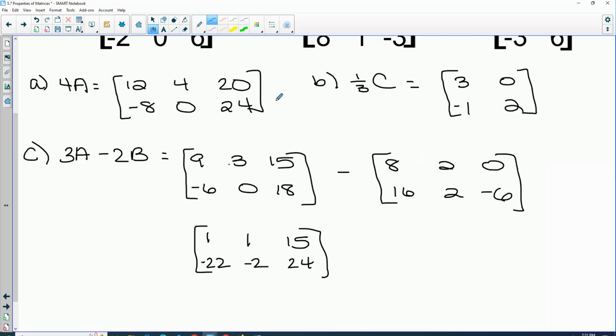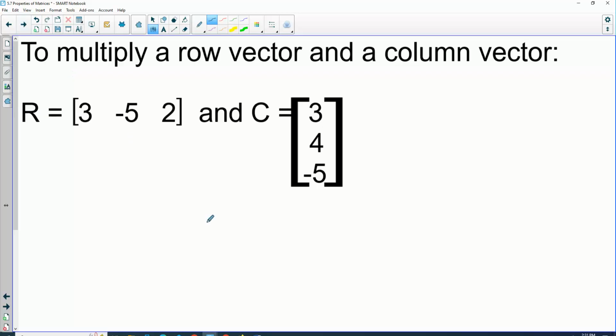When you multiply matrices, what you end up doing is taking a row times a column. So to multiply a row and a column, so row is horizontal and a column is vertical. When you multiply a row and column together, you get a single number for your answer. To do it, we multiply corresponding entries and then add them. So we are going to take the first number in the row times the first number in the column, and that will give me a 9.